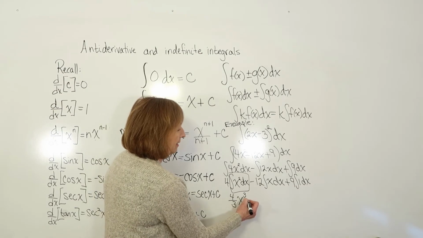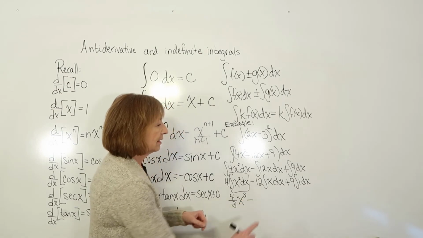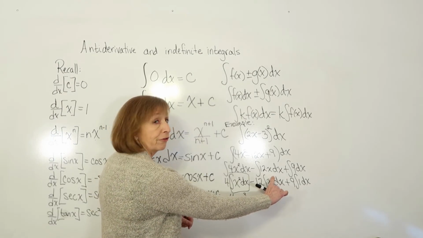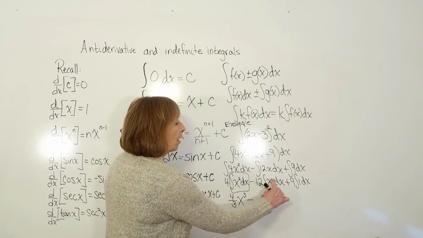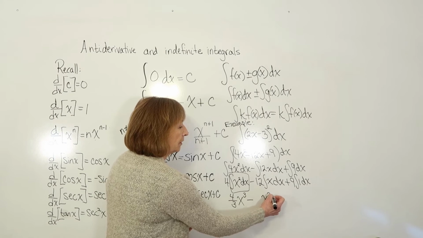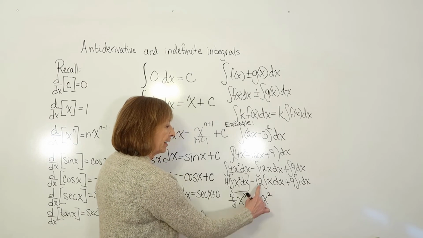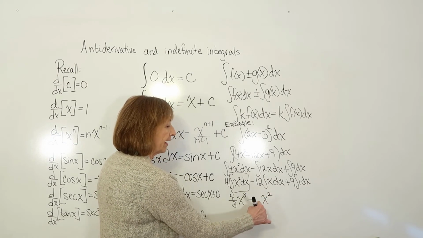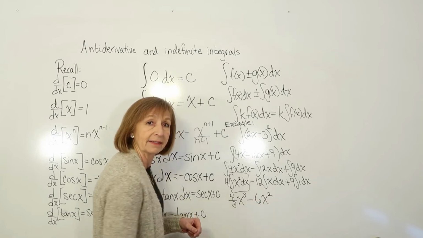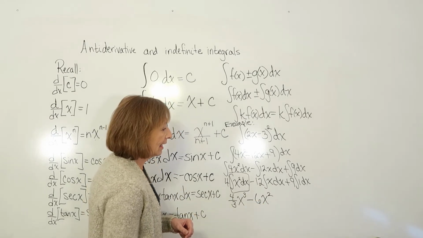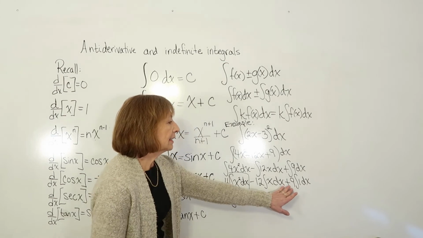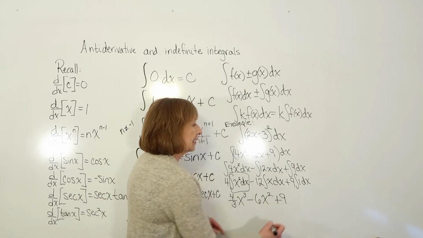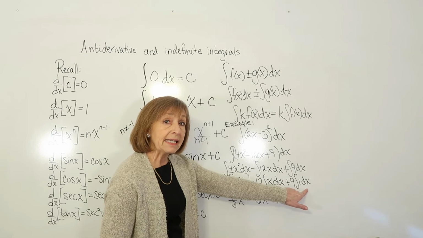Okay, then minus, this is the integral of x to the first dx. So I have my x, 1 plus 1 is 2, and then divide by 2. So take that 12 and divide it by 2, and you get 6. And then for the last one, I have plus 9 times the integral of 1 dx.